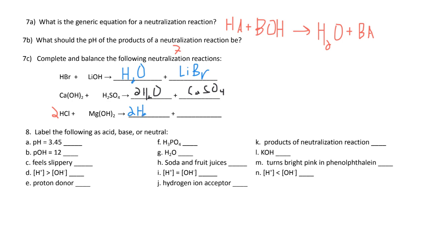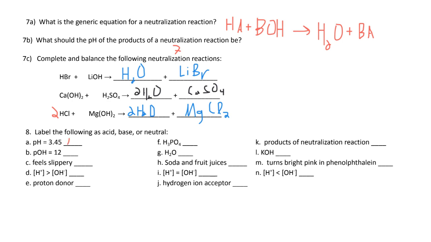When we neutralize it, that says H2O, and then everything else comes together. It's going to be Mg, but because I had to put that 2 over here, there's going to be 2 chlorines in this salt molecule. So MgCl2.